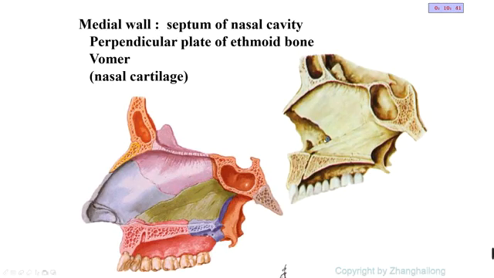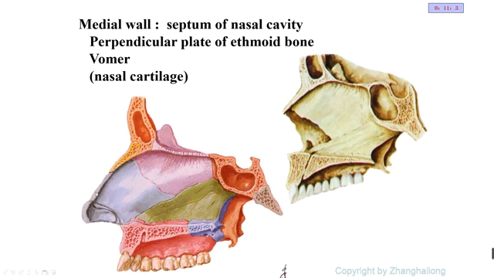Here is the perpendicular plate. Here is the vomer. And what's this? In front of them, this one is the nasal cartilage. Now you see here is the nasal bone. Please touch your nose. The upper portion here is the nasal bone. It's a hard bone.